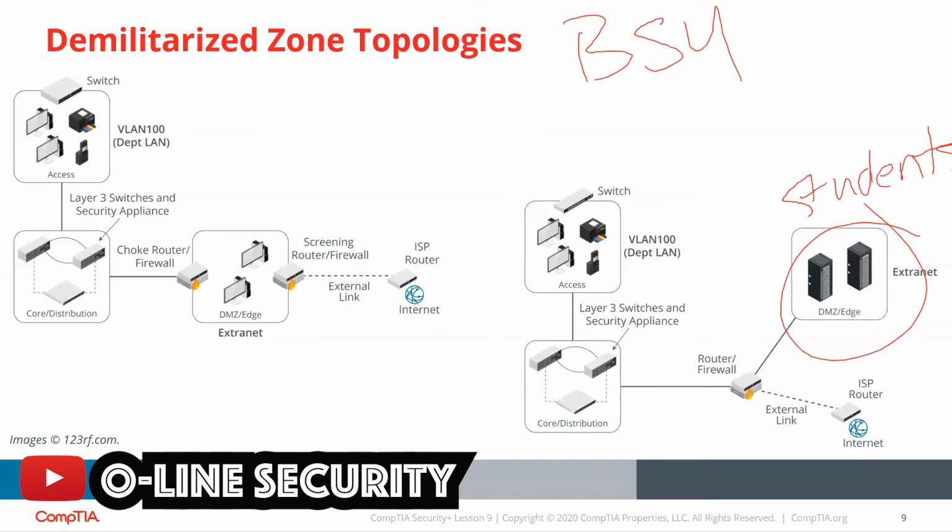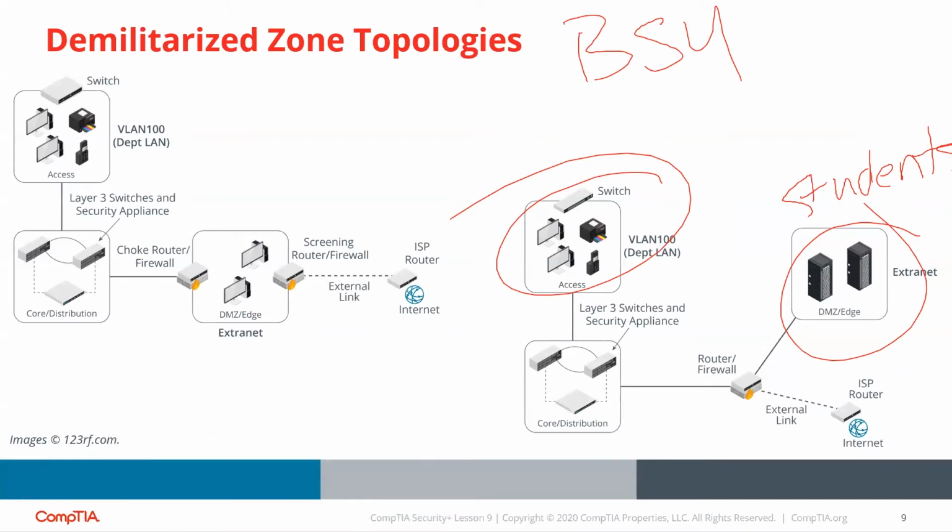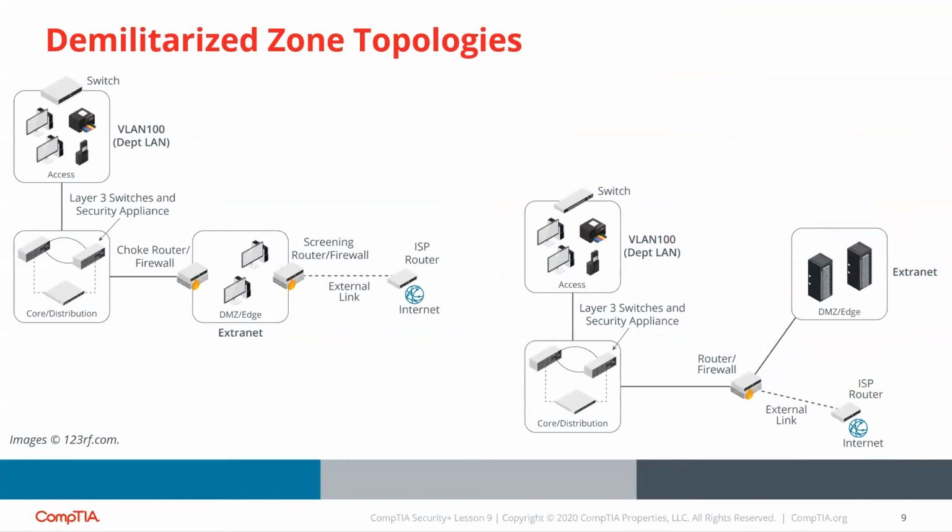Students wouldn't have access to certain LANs, right? They wouldn't have access to a LAN our finance department was using or our admission department was using. We would give students access to their own network, an extranet. Right? Everyone on the internet wouldn't be able to access that. Only people with the right access and authorization.